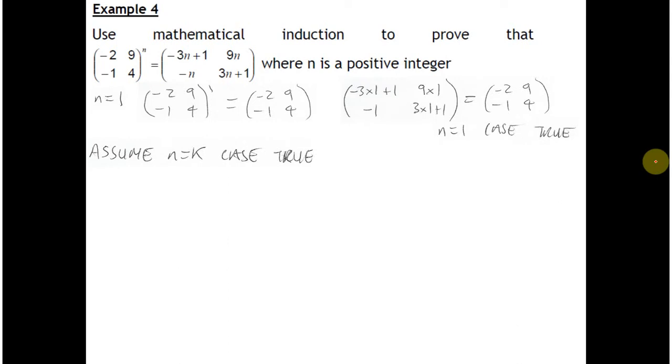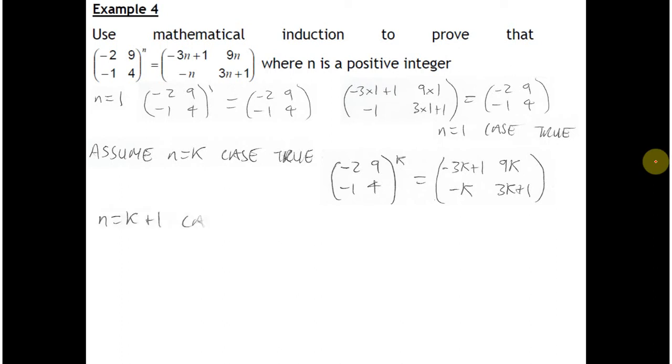We assume that the n = k case is true. So (-2, 9; -1, 4) to the power of k equals (-3k+1, 9k; -k, 3k+1). Then we look at the n = k + 1 case.